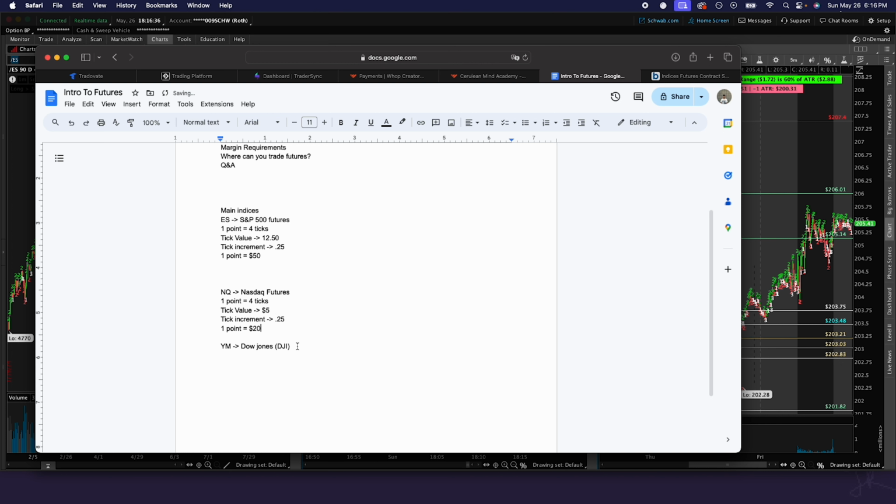Now for YM, it doesn't move in tick increments. One tick is 1 point for YM, and 1 point is $5 that you make per point in your favor or against your favor.